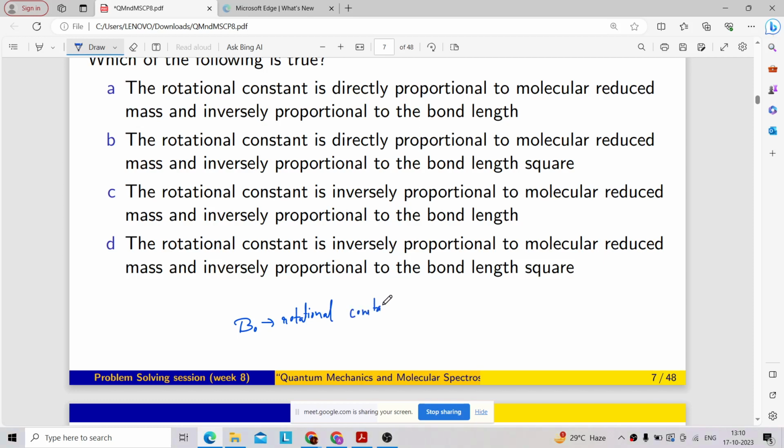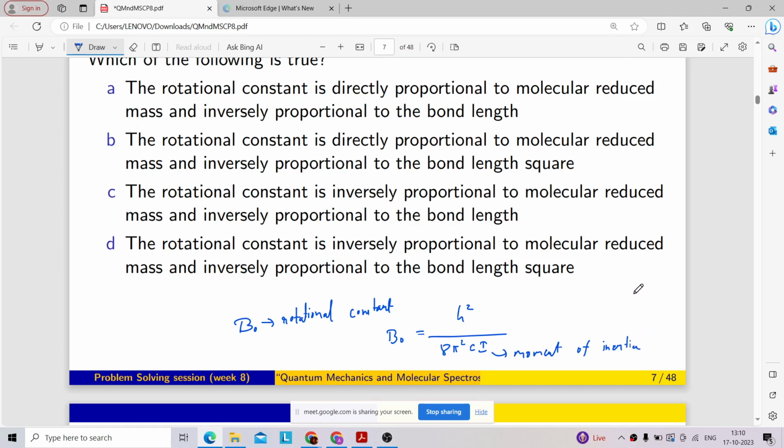And we can write this rotational constant in terms of moment of inertia as h square over 8 pi square c I, where this I is moment of inertia.